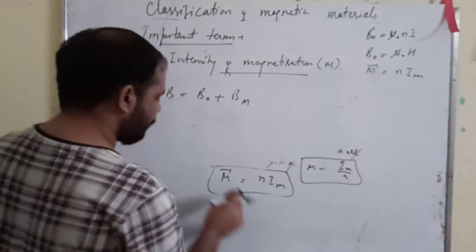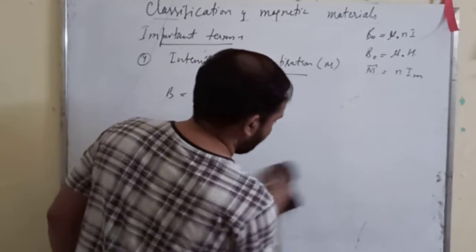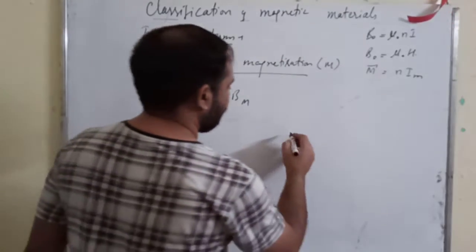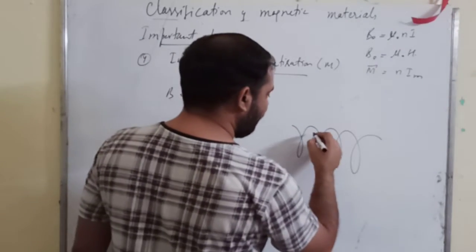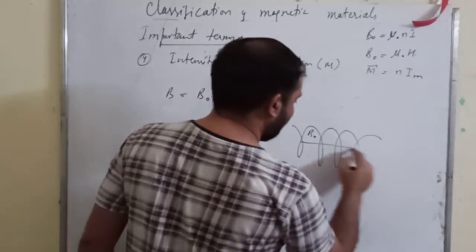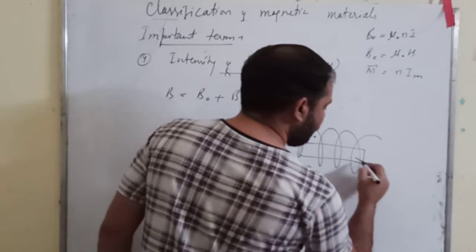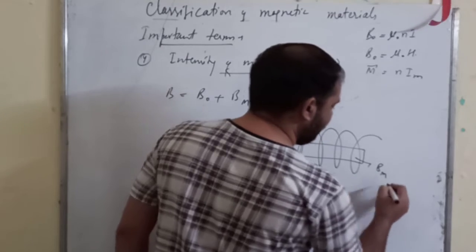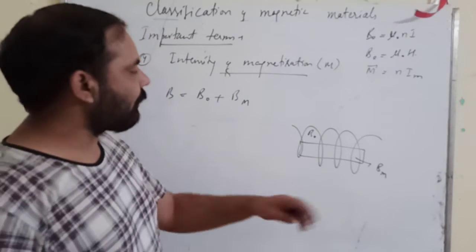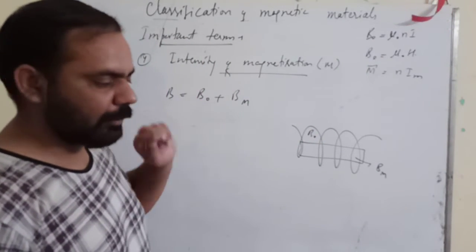Once again, this is the magnetic field created, B naught, right? The material is placed here. The magnetization of this material will create a magnetic field, that is BM. So what is the total magnetic field? It is B naught plus BM.